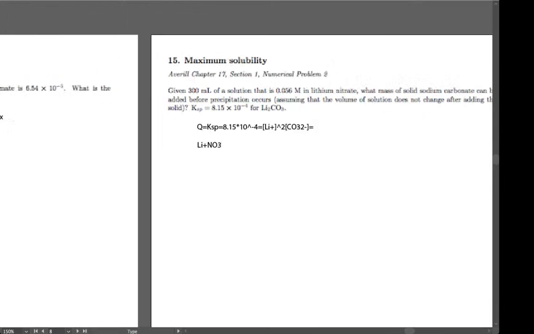So lithium nitrate would equal lithium plus and NO3 minus. And then sodium carbonate is Na plus and carbonate, which is CO3 2 minus. So that means that you need two of those to make Na2CO3.